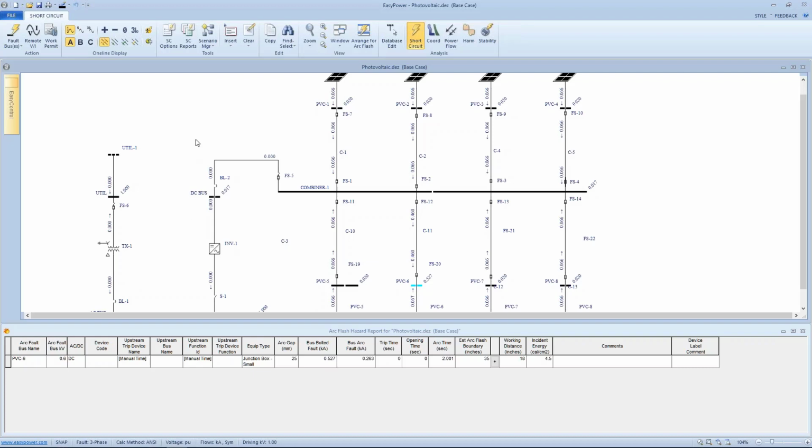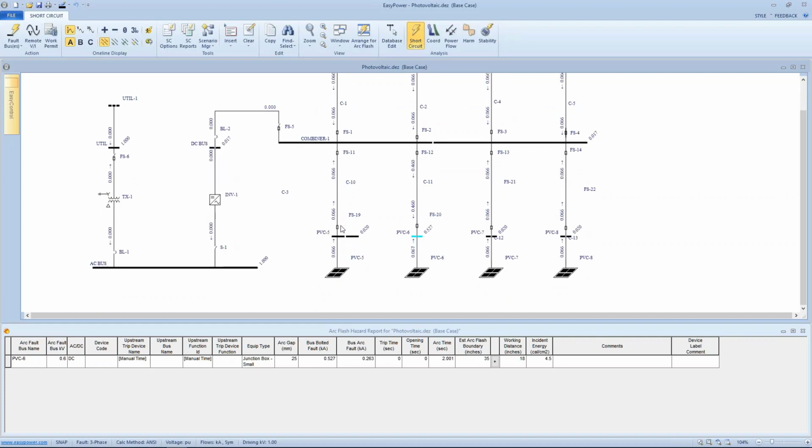Okay, so what have we done? We've considered device libraries, the fact that there are some PV-related or PV-specific components in the system, so our examples may not be as up-to-date as we like them.